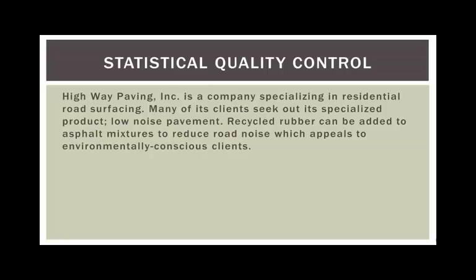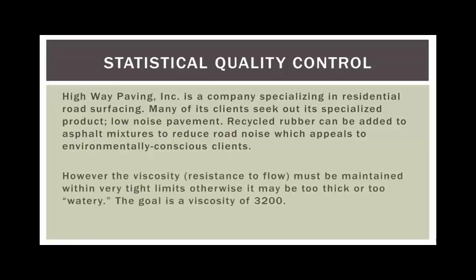So they make this special type of pavement, asphalt, that includes recycled rubber. And when car tires roll over this type of pavement, it reduces the road noise. Not only outside the car, which is good for the neighborhood, but also inside the car as well. Plus, it recycles rubber. And old tires do not go into landfills. They get chopped up and put into pavement. So it's sort of a win-win. So the product is very popular.